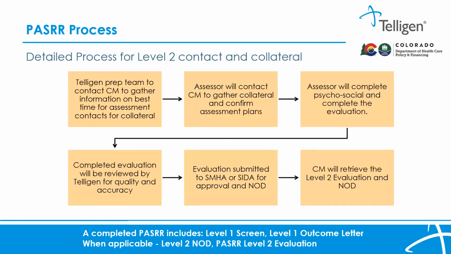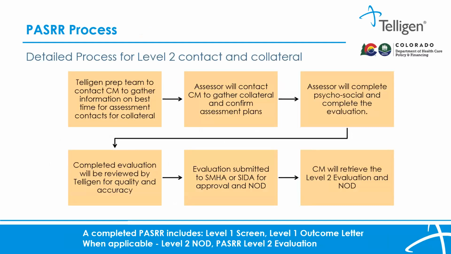I just wanted to go over the detailed process for level 2 contact and collateral so that you have an understanding and expectation of what to expect when a level 2 is indicated.